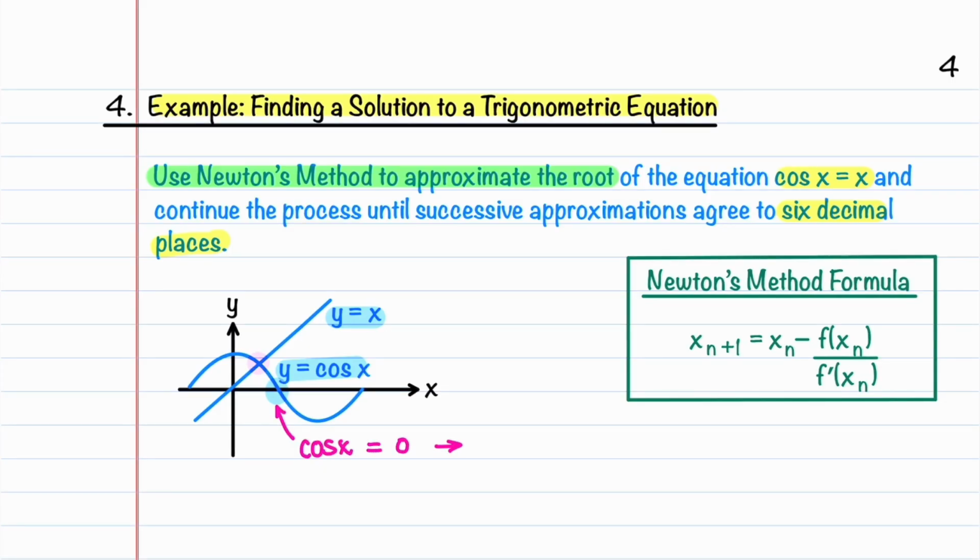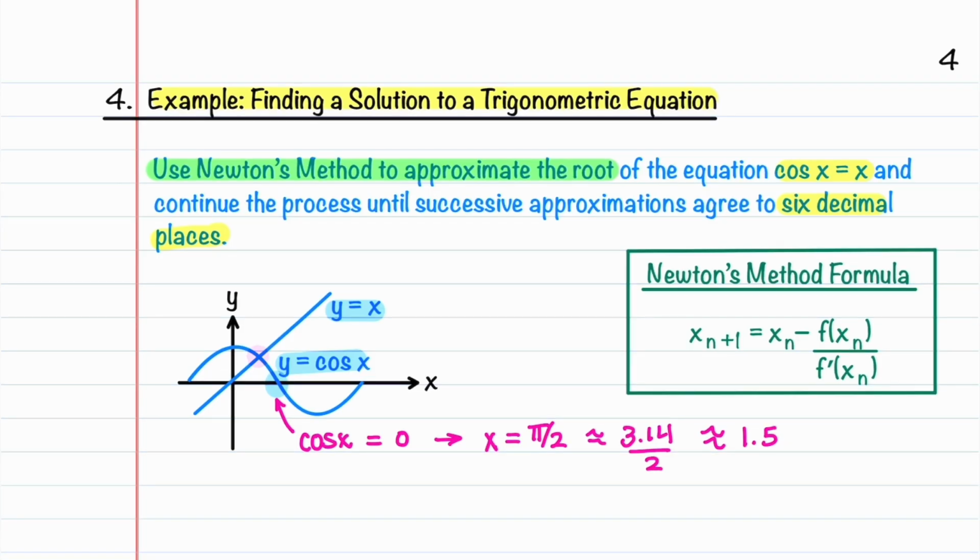So that means from trig that x is pi over 2, because cosine of pi over 2 is equal to 0. Pi over 2 is approximately 3.14 over 2, so we can say this is approximately 1.5. Let's choose x0 to be a little bit less than 1.5, so let's make it easy, and let's just let x0, our initial approximation, be equal to 1.